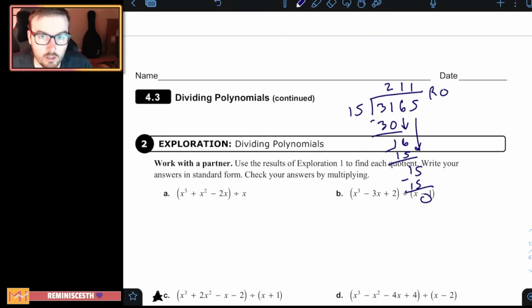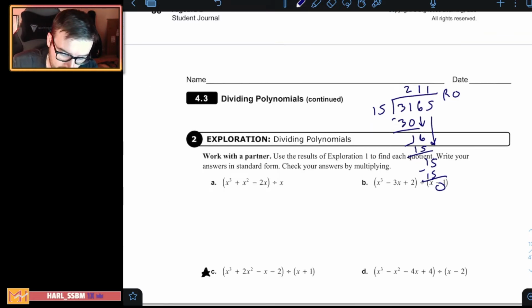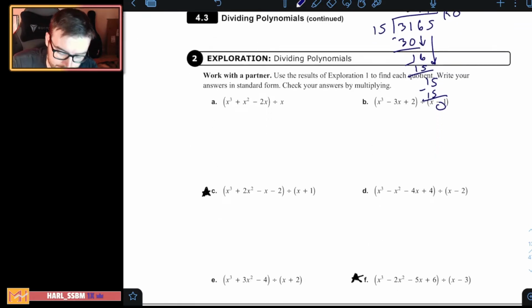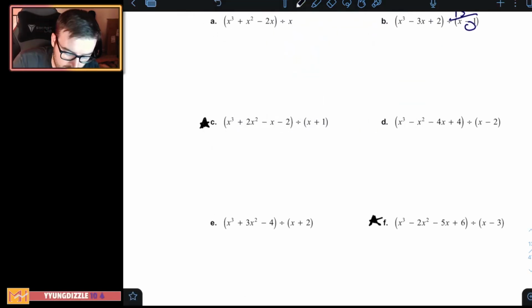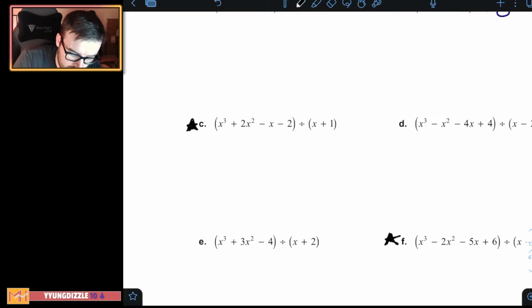You remember good old fashioned long division? Well, we can long divide polynomials in a similar fashion. So I'm just going to leave that there and attempt to divide letter C here. Let's set up our division like a normal long division problem.